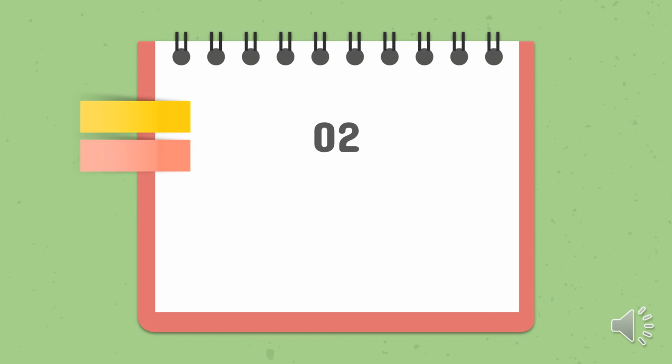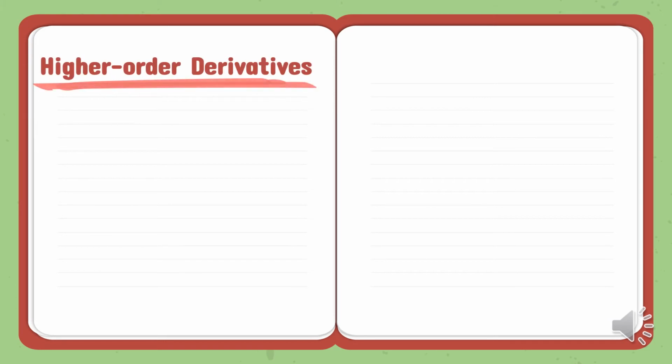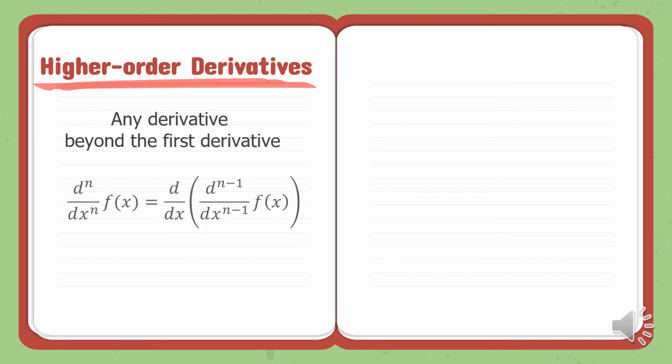For the second part of the lesson, we have higher order derivatives. Higher order derivative is any derivative beyond the first derivative. It could be the second derivative, third derivative, fourth derivative, fifth derivative, and so on. For us to find the nth derivative, it is equal to the derivative of n minus 1th derivative.